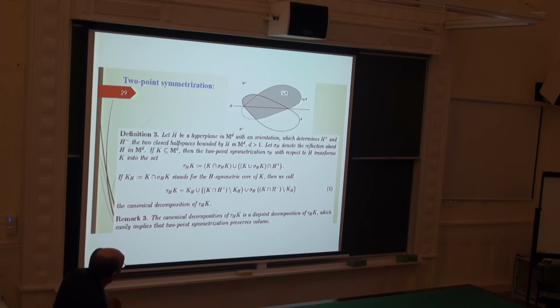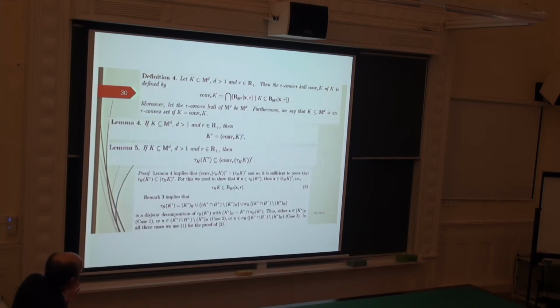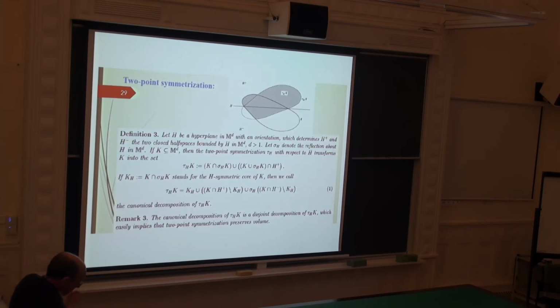This is the H-symmetric core. And then you take two other sets here. You take the part of K which lies in H plus and does not belong to the H-symmetric core. This is this little hat thing here. And then you take the other part, which is the part of K which lies in H minus and doesn't belong to the symmetric core, and reflect this about H. In this way, we manage to dissect the two-point symmetrization of K into three disjoint sets.